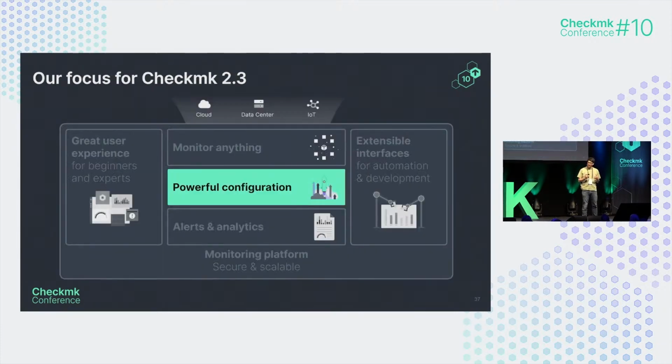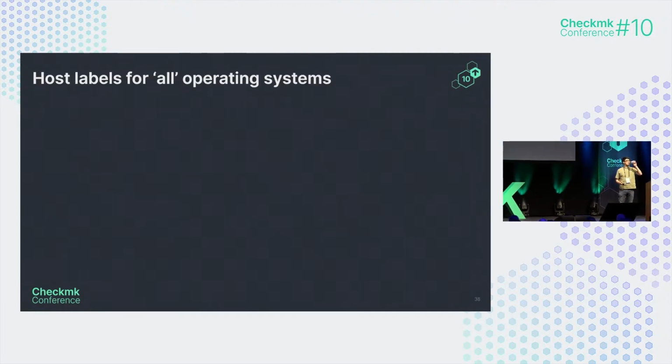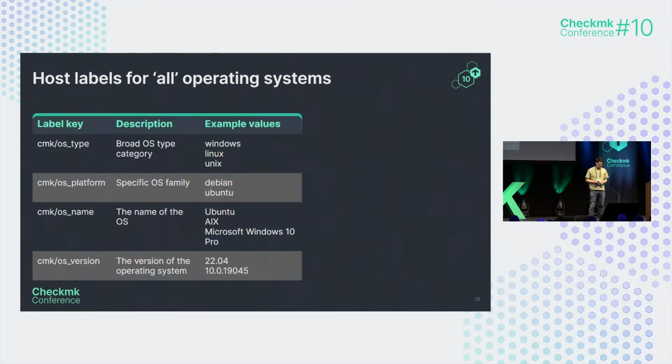So for monitoring anything, we also need powerful configuration. And one of the most powerful tools for configuring your monitoring are labels. And what we now do is we supply much more host labels off the shelf. And it's not just the operating system types, or what we had already before in Checkmk.